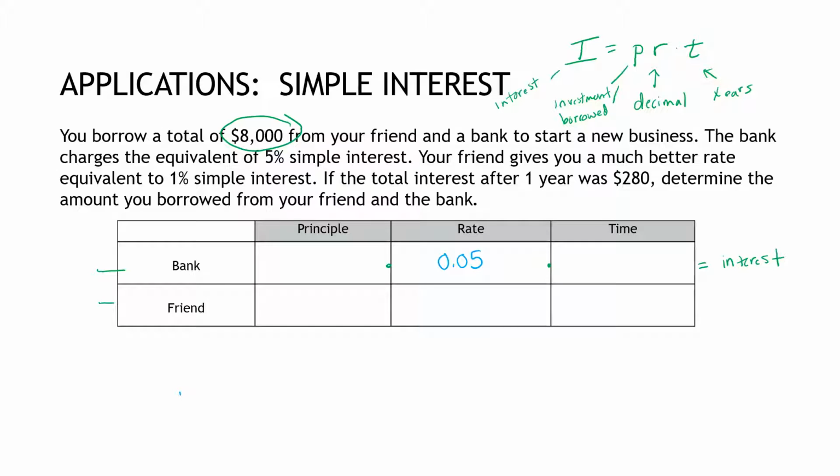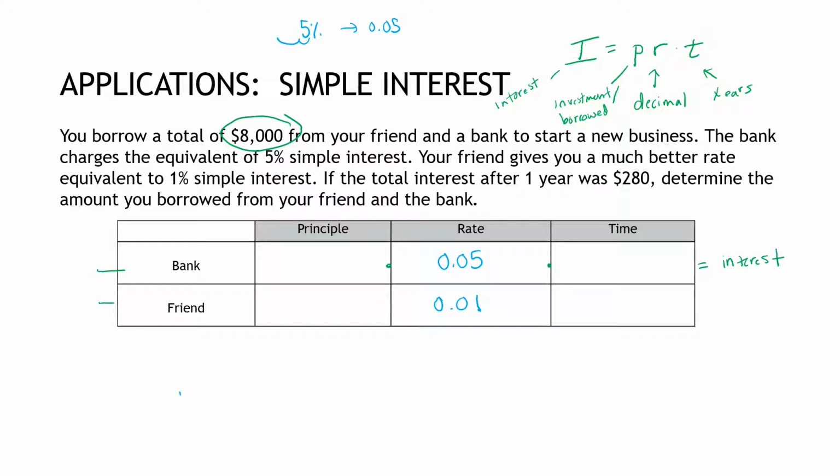So again, I took that 5% and turned it into a decimal, which means I took the decimal 2 places to the left, so that's 0.05. Your friend gives you a better rate equivalent to 1%, so a better rate of 1% because you're borrowing, but that rate is 0.01.